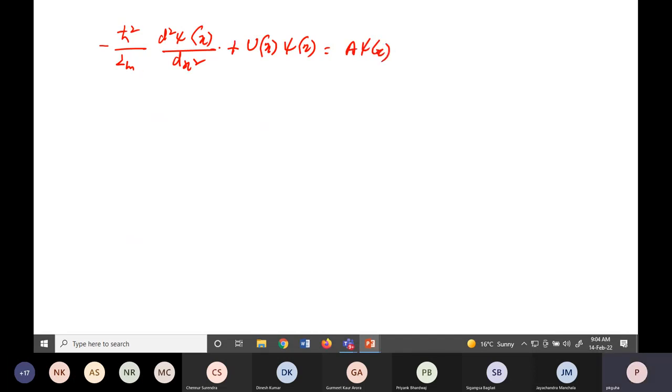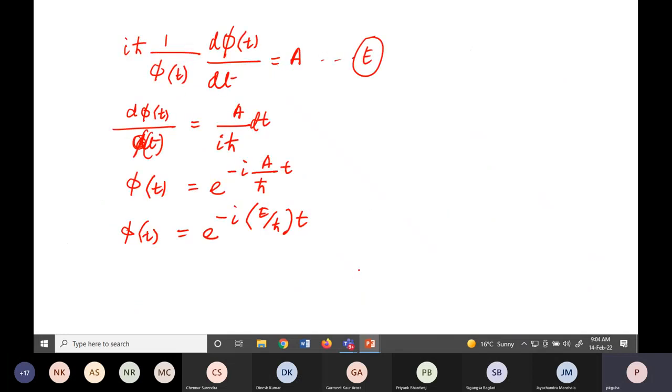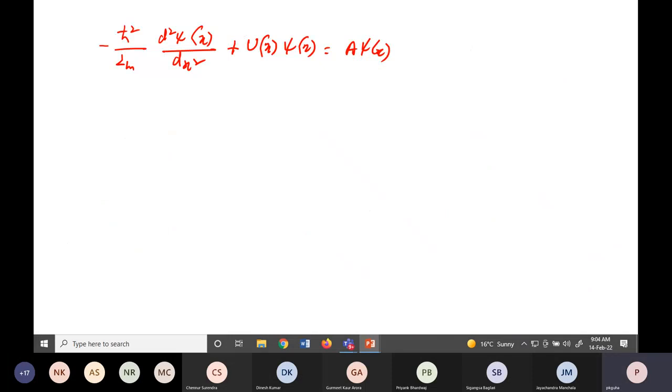I have multiplied by psi of x, because the psi of x was here, so I am getting a psi of x. This particular equation is known as the time independent Schrodinger equation, because there is no time dependent part.